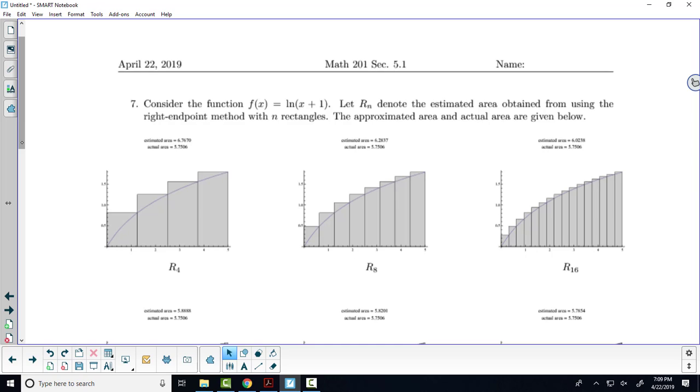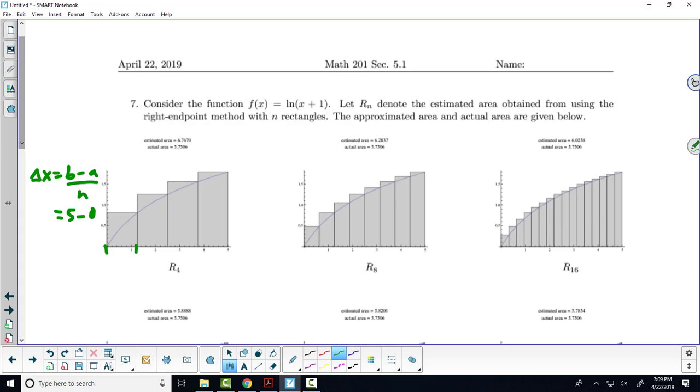Something interesting to keep in mind here is, what's the width of this first rectangle? Yeah, 1 point something. We could actually find it, right? Delta x is equal to b minus a over n. What's my b? 5, minus, what's my a?